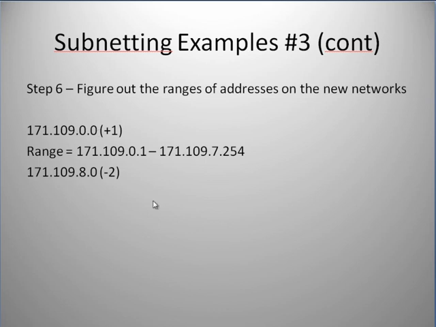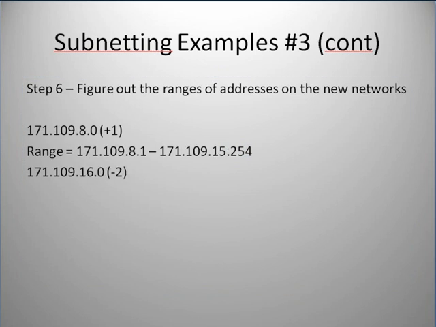Then my last available address is 8.0 minus 2. So basically count back 2 addresses from 8.0. The address right before 8.0 is 7.255. And again, the very last address in every range is the broadcast address. I can't assign that to a host. So the last available address would be 7.254. That's where the minus 2 comes in. 8.0 is 1, 7.255 is 2, which gives me 7.254 as the last available address in this range.